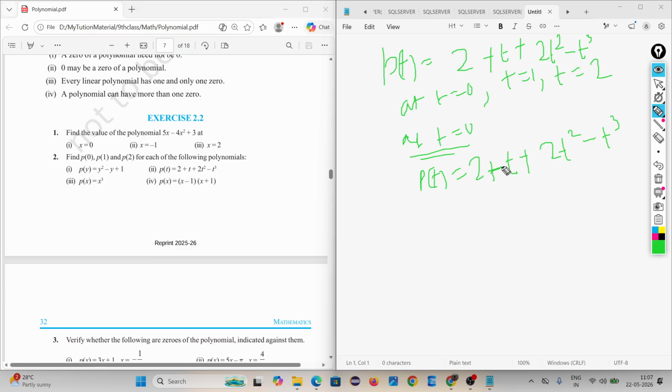This is plus, this is t, this is 2t square, this is minus.